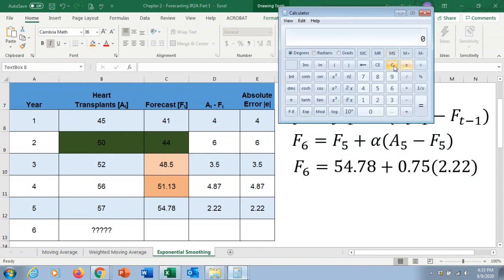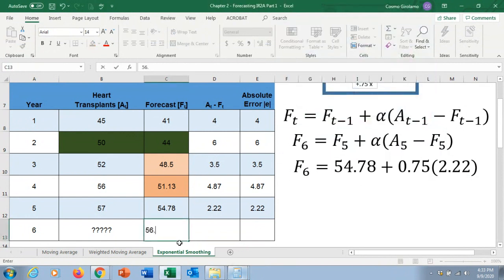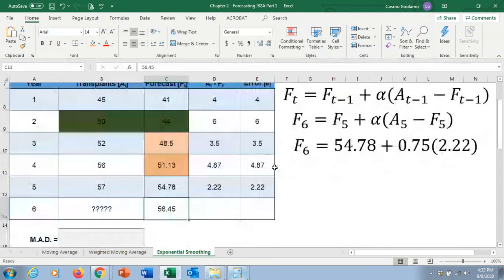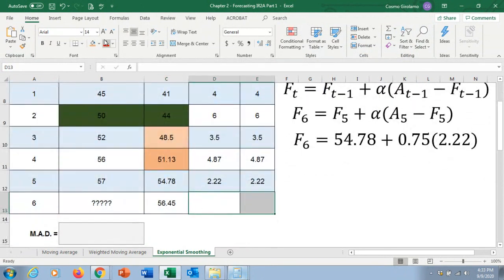Calculator up. So 54.78 plus 0.75 times 2.22. We end up with 56.45. And we can't calculate an error because we don't have an actual value, so these remain empty. So here we would predict 56.45.